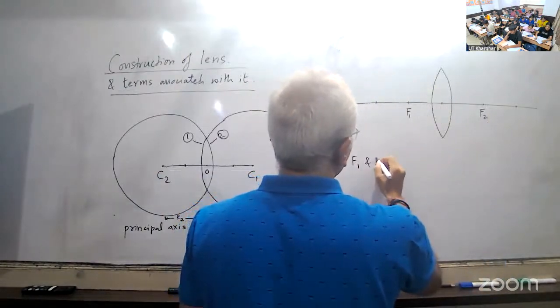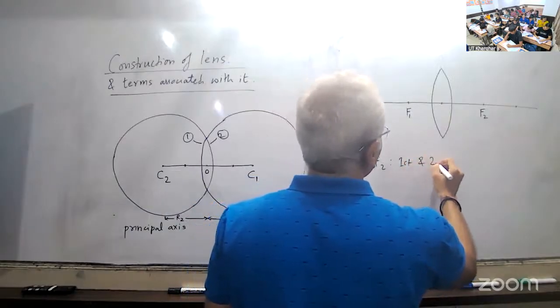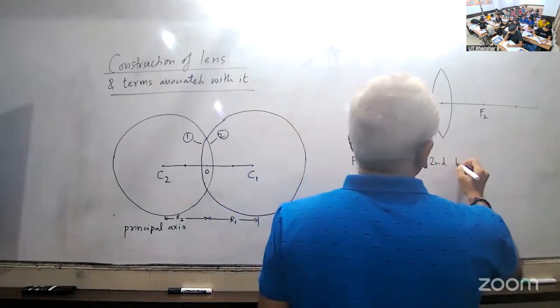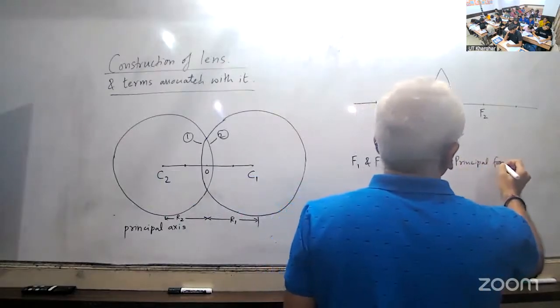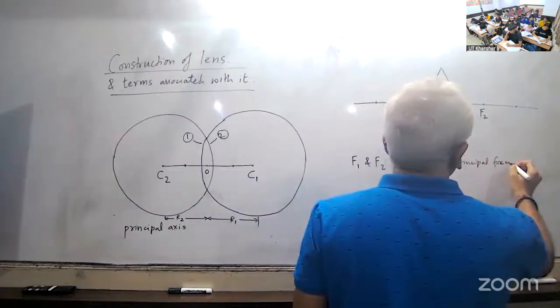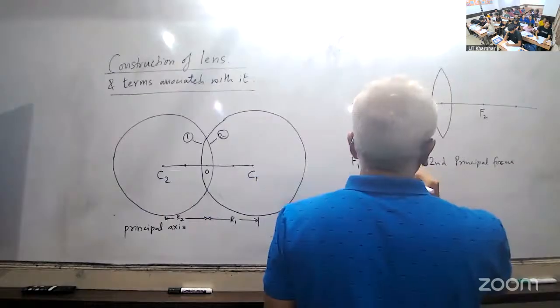F1 and F2 are the first and second principal focus of the convex lens.